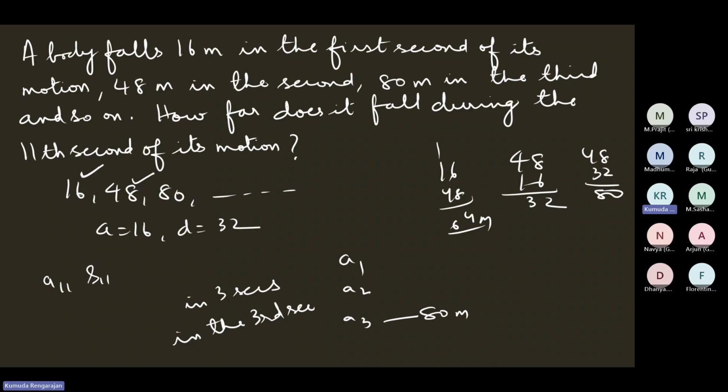What is 16 meters, children? The distance covered in the first second, correct? Yes, ma'am. And 48 is the distance covered during the second. 80 meters is the distance covered during the third second, that is after the second and till the end of the third second.